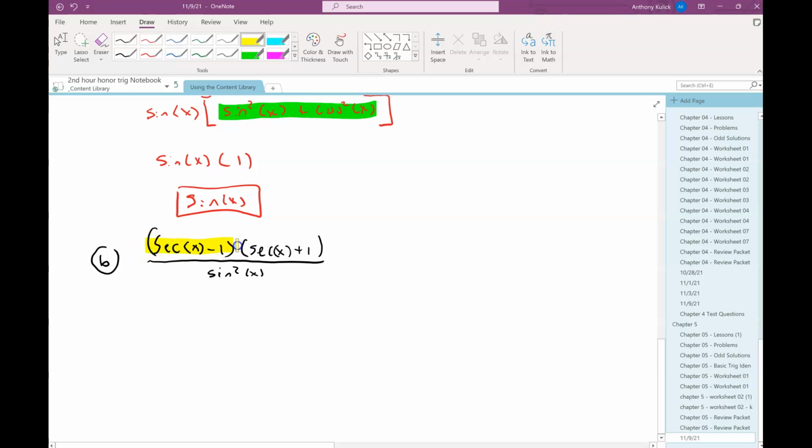Yeah, so if I look at the top, this looks like a factored difference of two squares, right? Like an a minus b times an a plus b. You guys see that? So I'm going to start by trying to FOIL that out. Everybody good there?